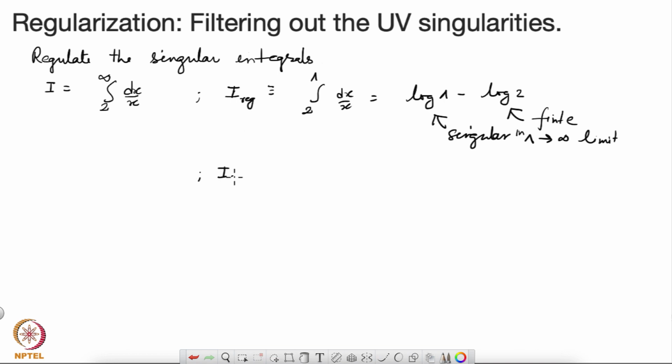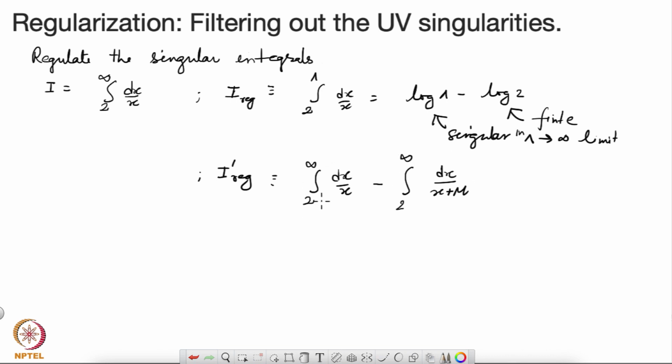So I can regulate by the following method. I will write it as I prime regulated, which is the following. I modify the integral to this. This is the original one, and from this I subtract another term.